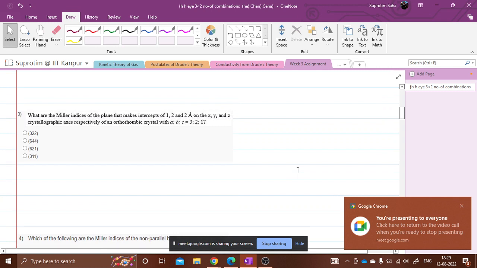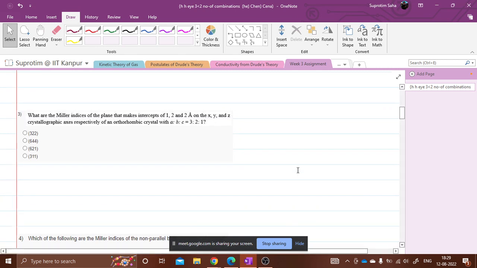So first of all, you have to have the intercepts in terms of the crystallographic axes respectively. So that would be 1, 2, 2 angstrom, right?